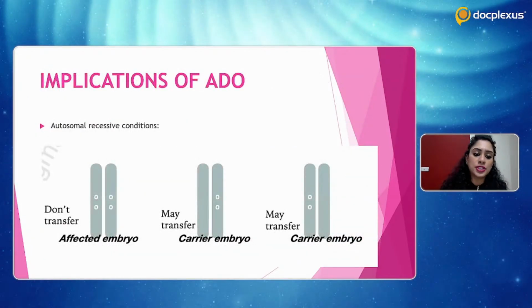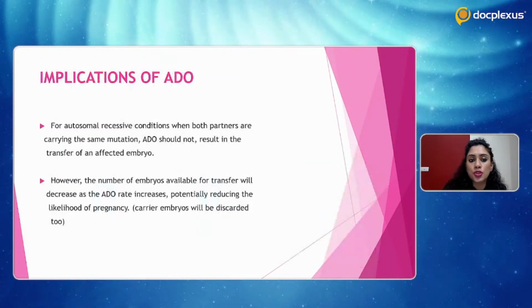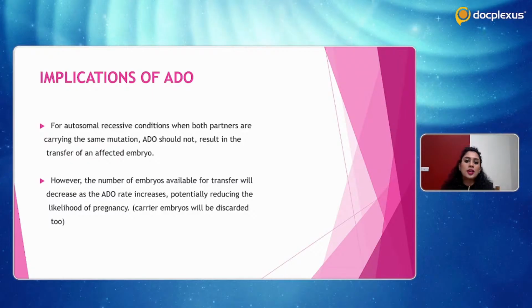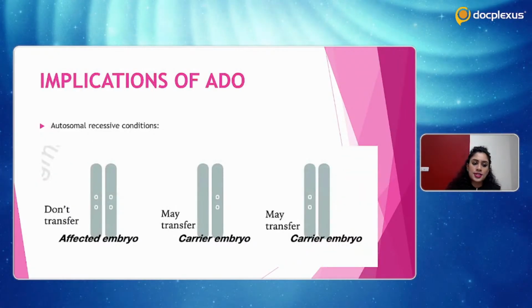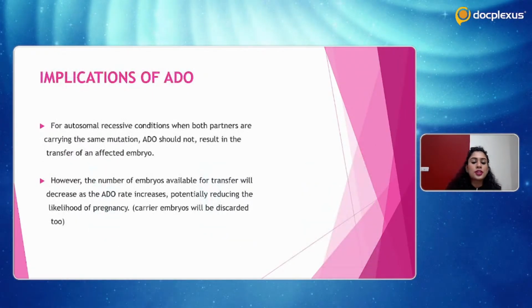And what are the implications? So when you see the autosomal recessive conditions, there's an affected embryo and there's a carrier embryo. So you may transfer the carrier embryos, but you don't have to transfer the affected embryo. So for autosomal recessive conditions, when both partners are carrying the same mutation, like this in the first diagram, the allele dropout should not result in the transfer of an affected embryo.